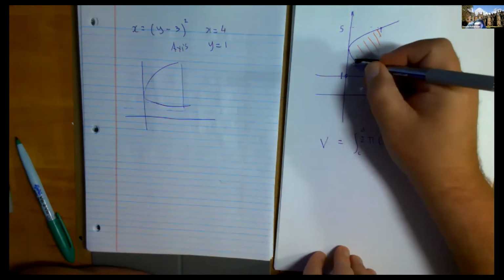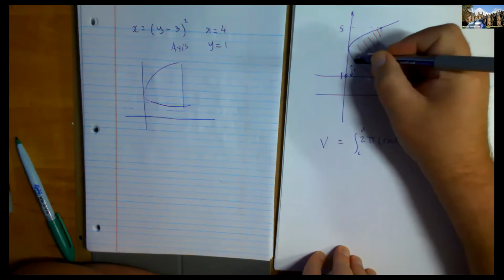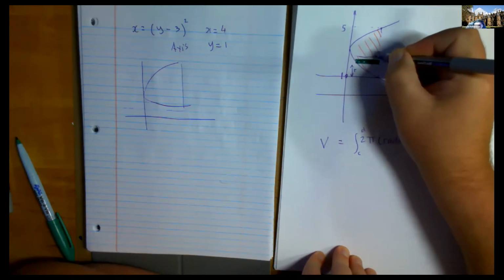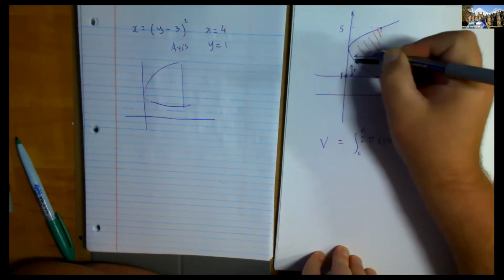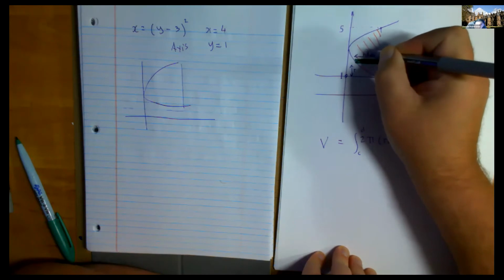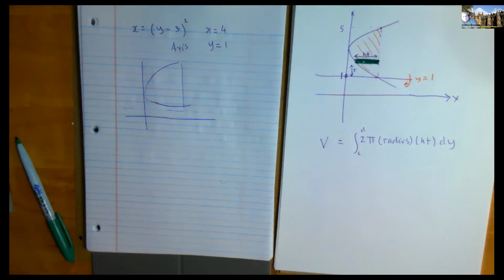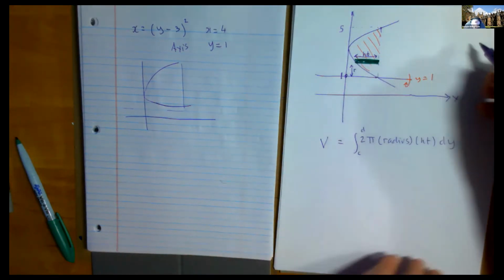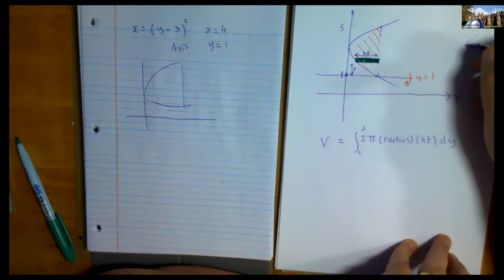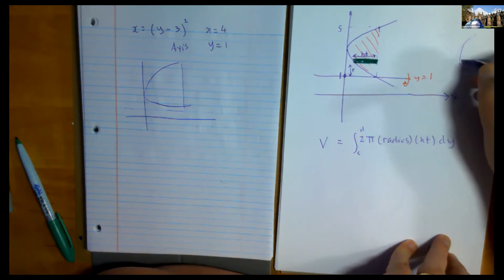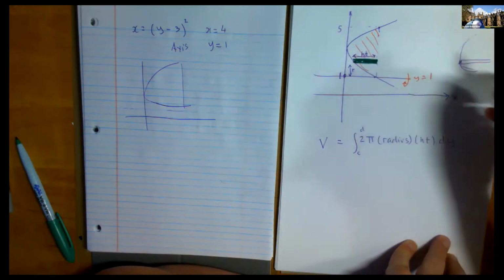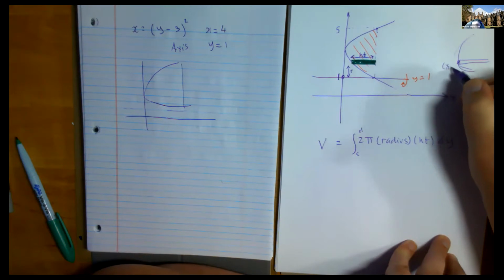I need to find the distance from here to here, which we're going to call the radius, and the distance from here to here, which I'm calling height. If you want to call it length, go ahead. It's the same thing. That point right at the end, I'm going to call it coordinates (x, y).